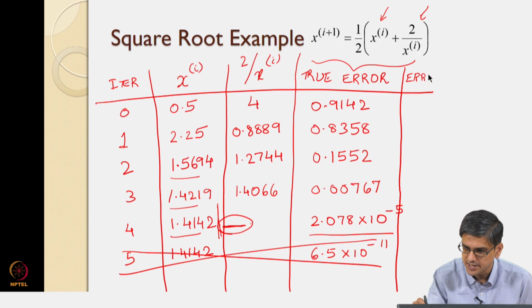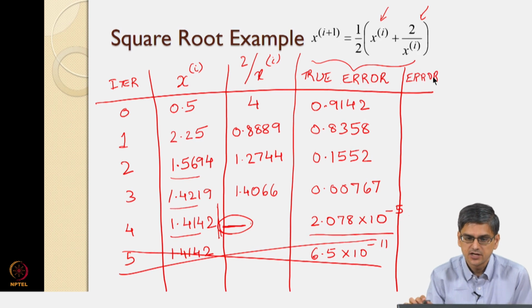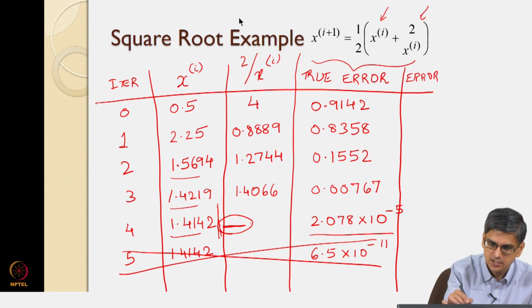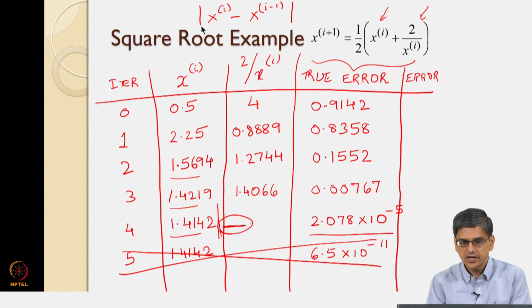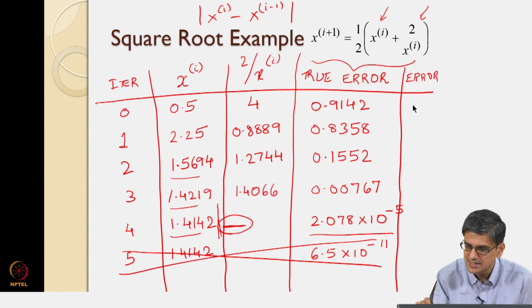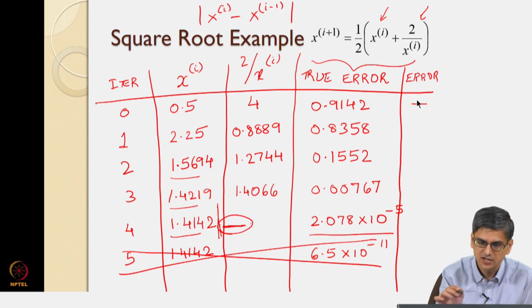This is our working error. And as we saw in the other slide, that working error is the absolute value of x_i minus x_(i-1). So, for the 0th iteration, there is no definition of error because x0 minus x minus 1 does not really exist. We are only starting with x0.